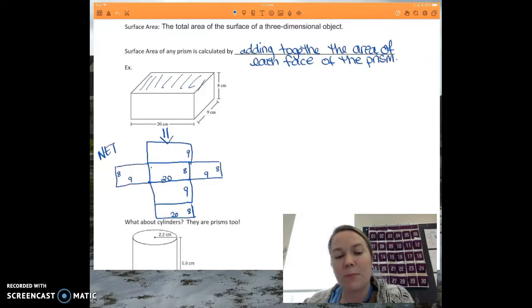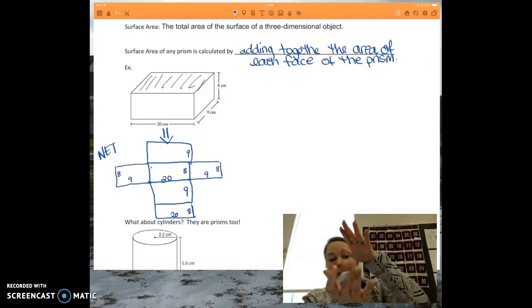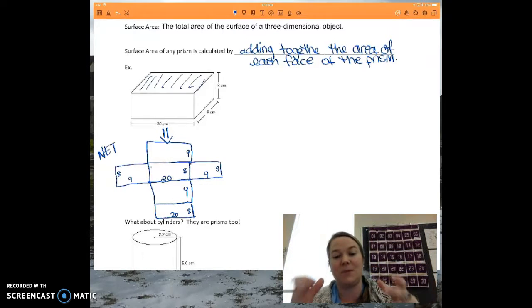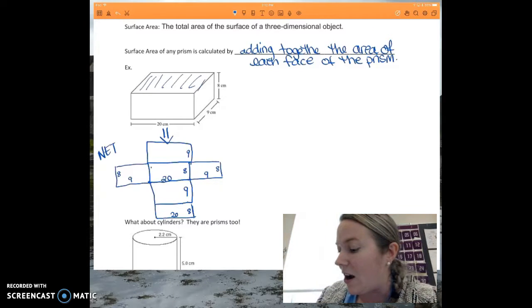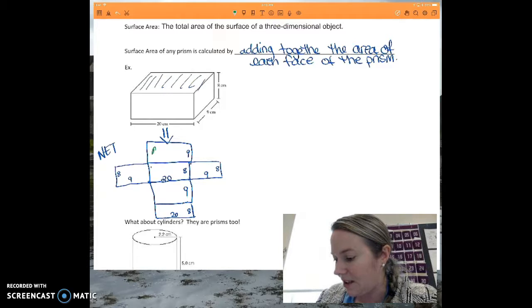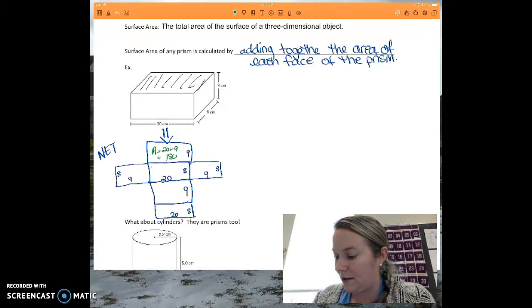So you can picture this in your head. If you fold that up, you fold the top, you fold the bottom, the other side comes up the edge, the two ends fold in, that's going to be your rectangular prism. So let's look at the area of each face. I'm going to change to green. The area of this is 20 times 9, which is 180.